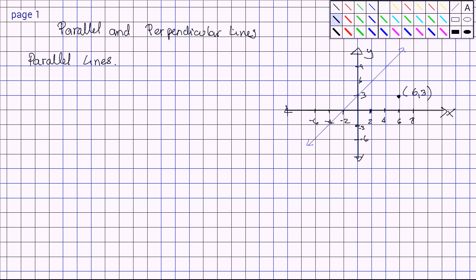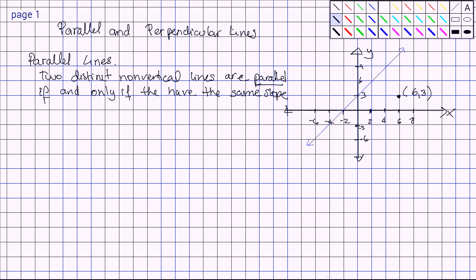We say that two distinct non-vertical lines are parallel if and only if they have the same slope.